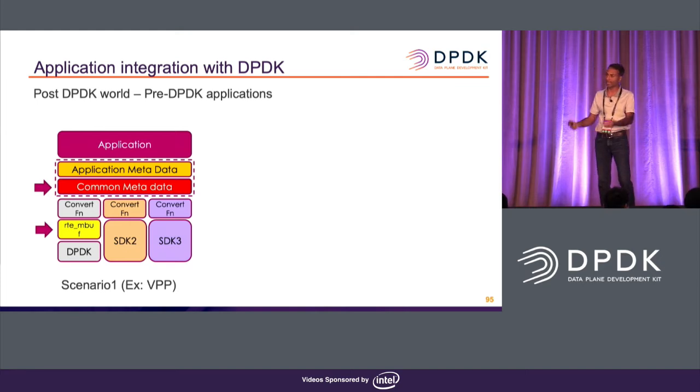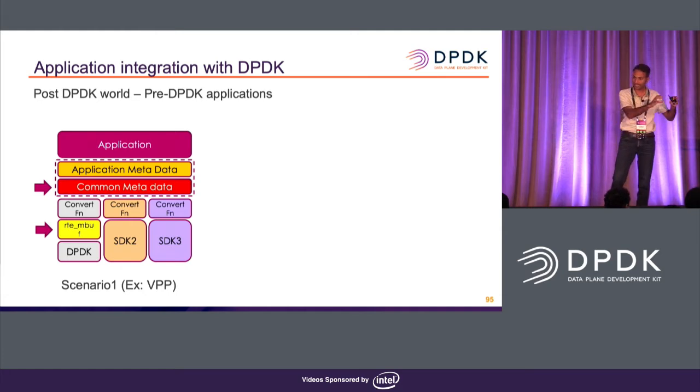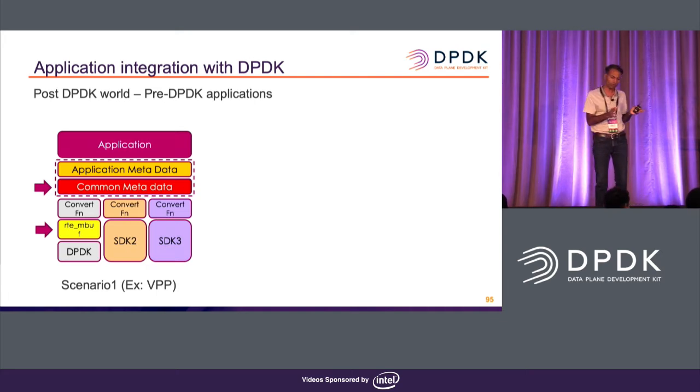Or that stack might have exposed that common metadata as an interface to other applications, which becomes an ABI at that point. So they have treated DPDK as another SDK, which means they have written a conversion function on top of DPDK, which takes the RTE MBUF and creates their common metadata. This is the worst case scenario, where we touch the most number of cache lines.